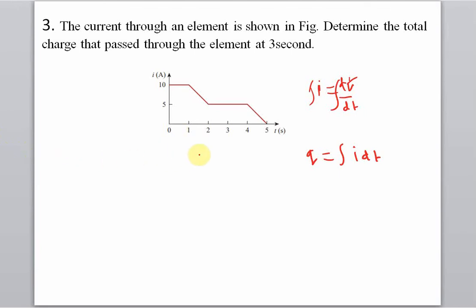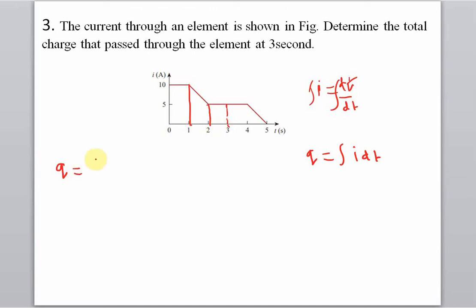So at t equals 3, we can divide it into 3 regions: from 0 to 1, 1 to 2, and 2 to 3.